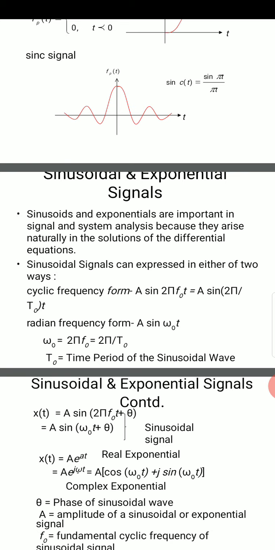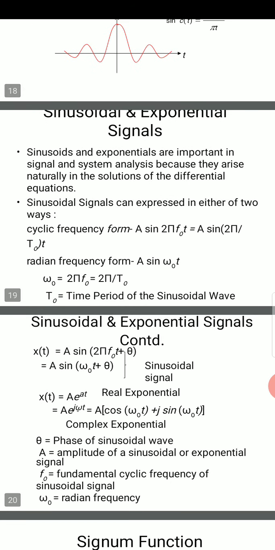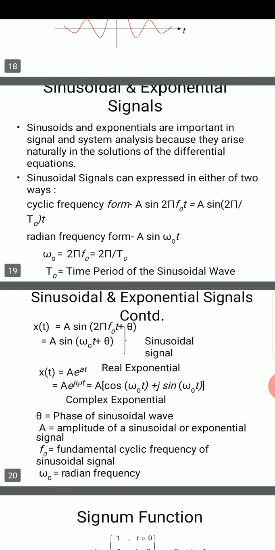The complex exponential x(t) is A e to the power j omega naught t, which equals cos(omega naught t) plus j sin(omega naught t). Theta is the phase of the sinusoidal wave, A is the amplitude of the sinusoidal or exponential signal, f naught is the fundamental cyclic frequency, and omega naught is the radian frequency.